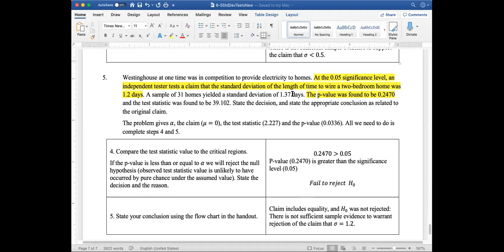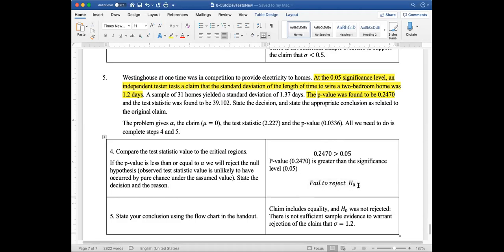No, because with the p-value, we can make our decision with the p-value and alpha. Alpha is 0.05. We need those two pieces of information. And so we would say in our step 4, 0.2470 is greater than 0.05. Therefore, it's greater than the significance level. We will fail to reject H0.